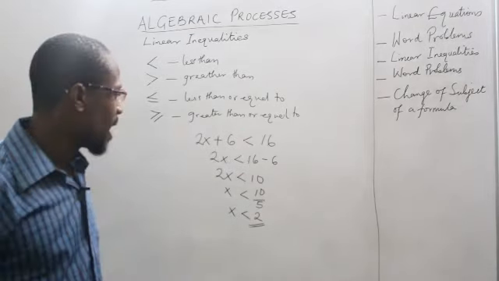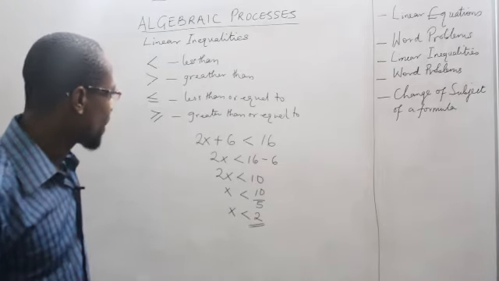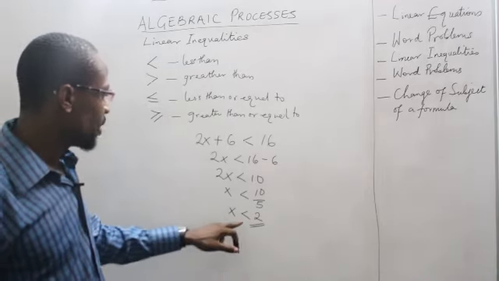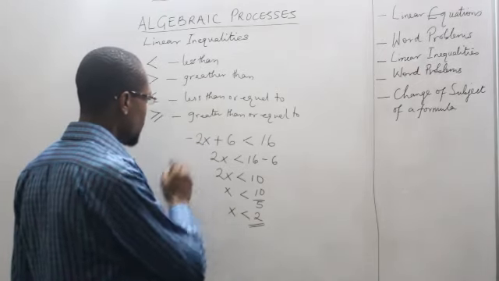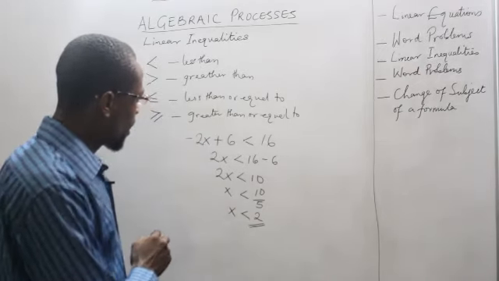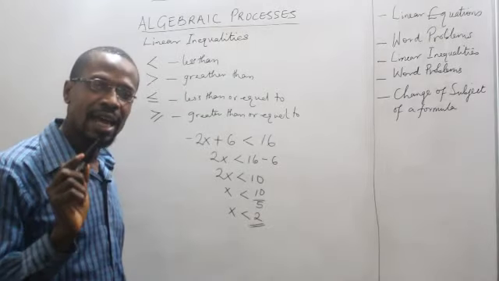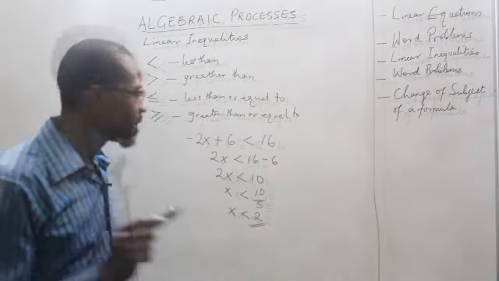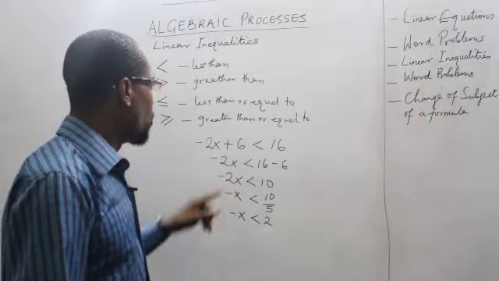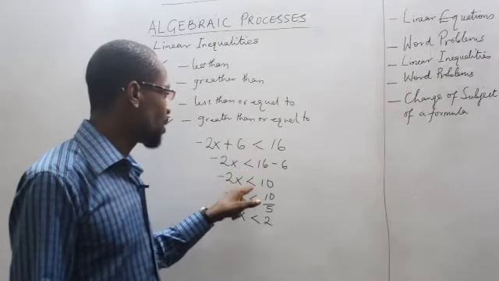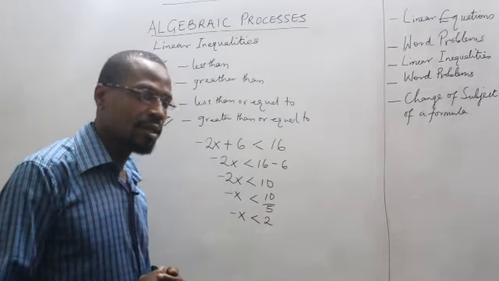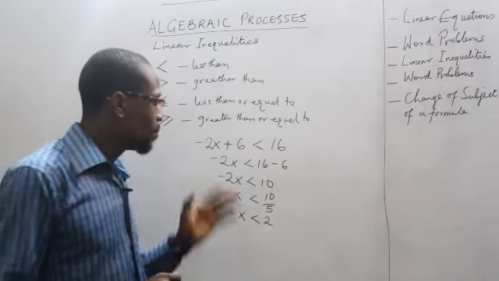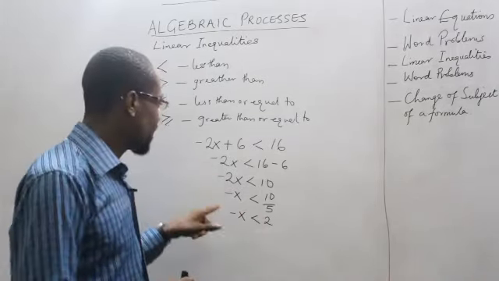The only time that you could possibly change this symbol is if you have to multiply both sides by a negative sign. Now I repeat, on no account should you change the sign except you are multiplying or dividing both sides of the equation by a negative sign.